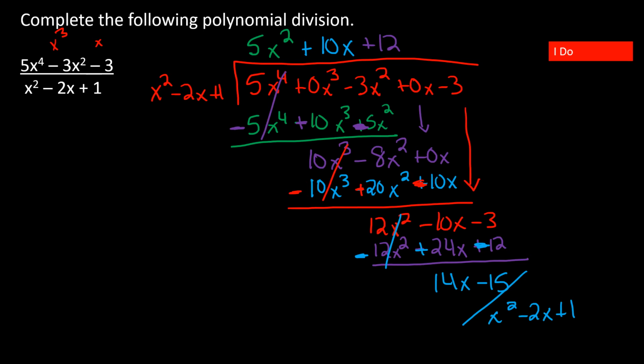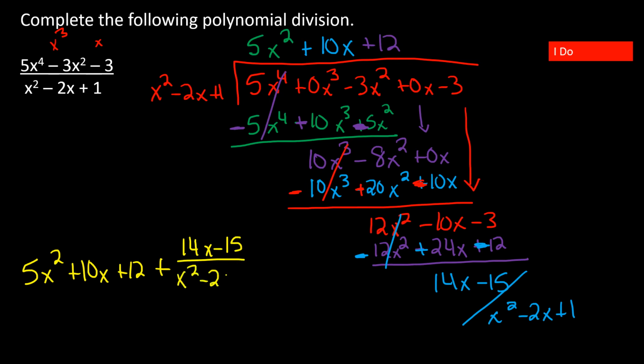So our final answer for this would be 5x squared plus 10x plus 12 plus 14x minus 15 all over x squared minus 2x plus 1.